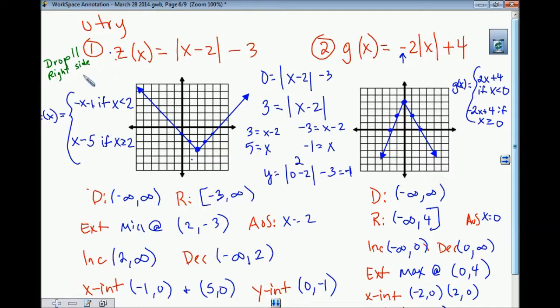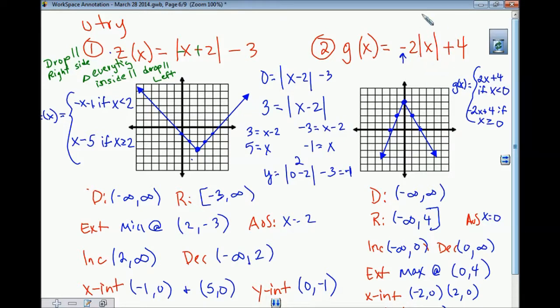Okay, now, to get the left side, you change everything inside the absolute value and then drop the absolute value. And that gives you the left side. So if I change everything over here and drop the absolute value, do you see I get negative x plus 2 minus 3? Is that negative x minus 1? And that gives me the left side.